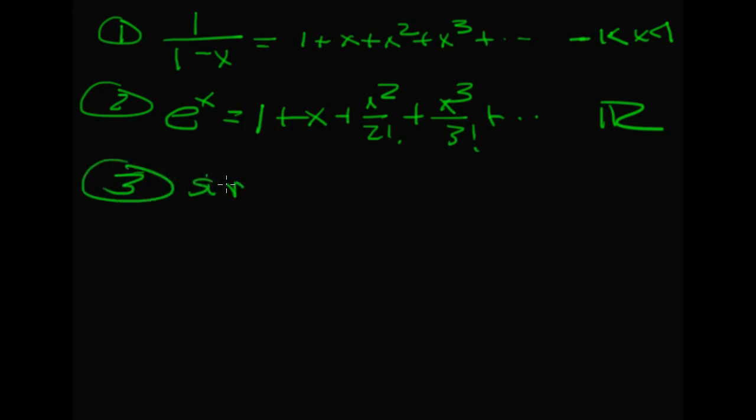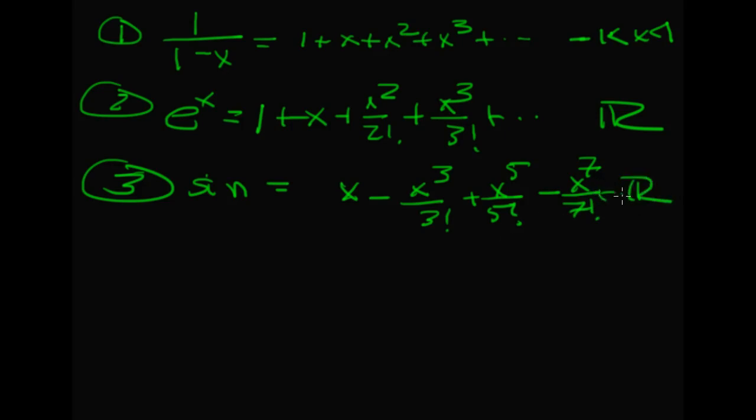The sine of x was only the odd terms. So it starts with a positive, then gives me a negative, then a positive, and then a negative. And that's just the odd terms, but that's good for all reals. And the cosine is just the even terms.